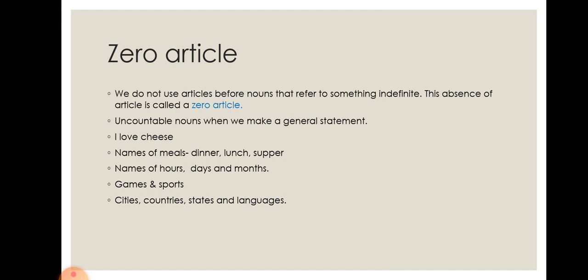Then games and sports. In a way we can think that all these things are common for everyone all over the world, isn't it? If I go to England and I say to an Englishman, I would like to play cricket, he thinks about cricket, right? He won't think about football, or get an image of a basketball game.